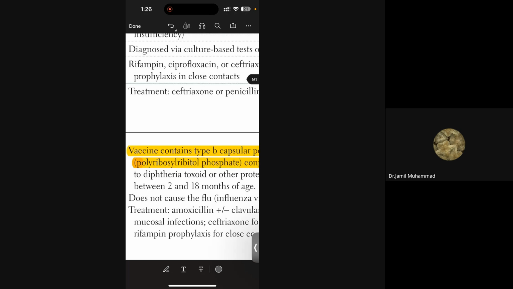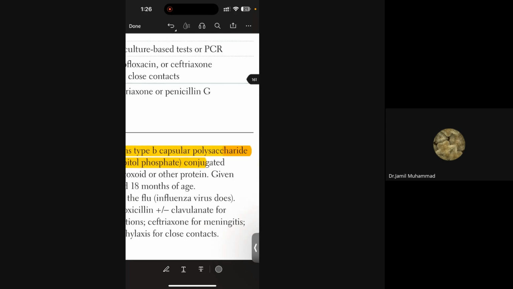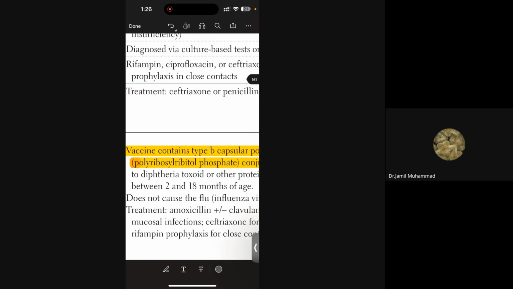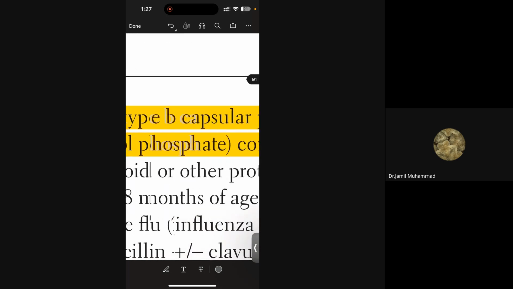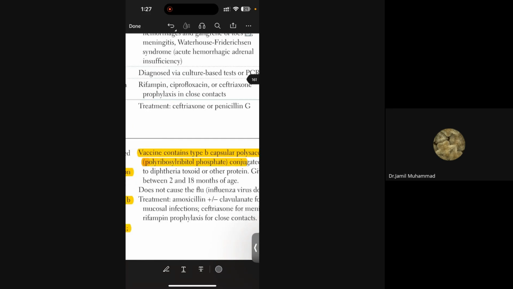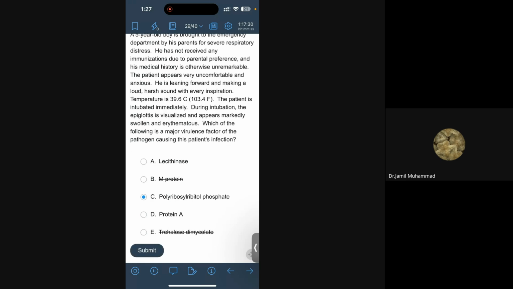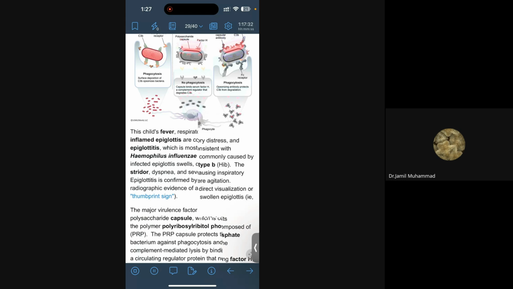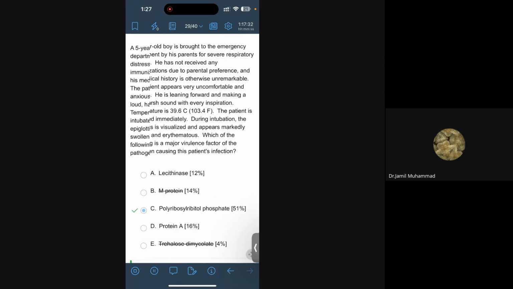Vaccines contain the type B capsular polysaccharide, polyribosyl ribitol phosphate. So what is going to be the answer here? C, the capsular polysaccharide. Let's move on to the next one.